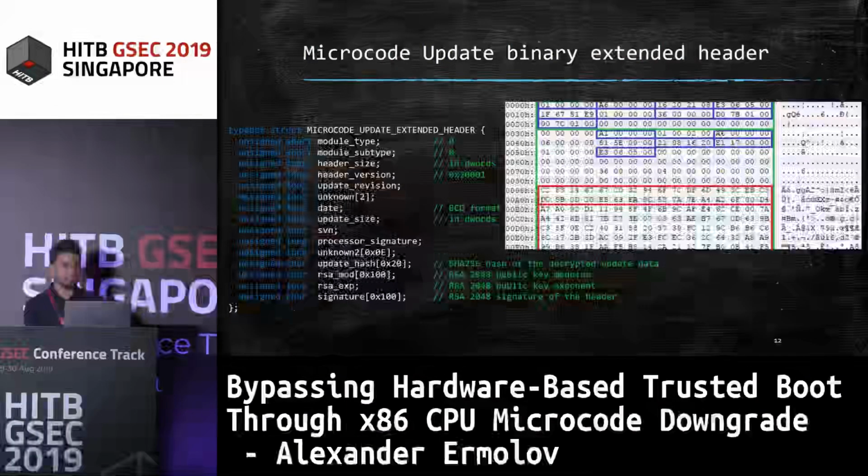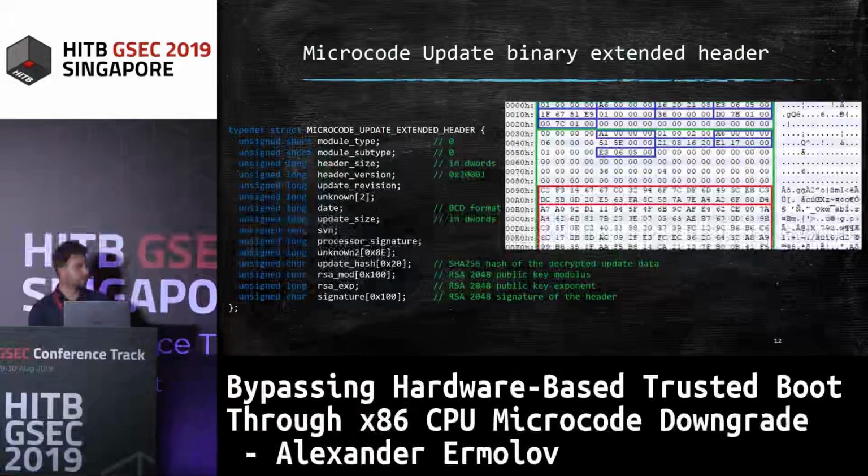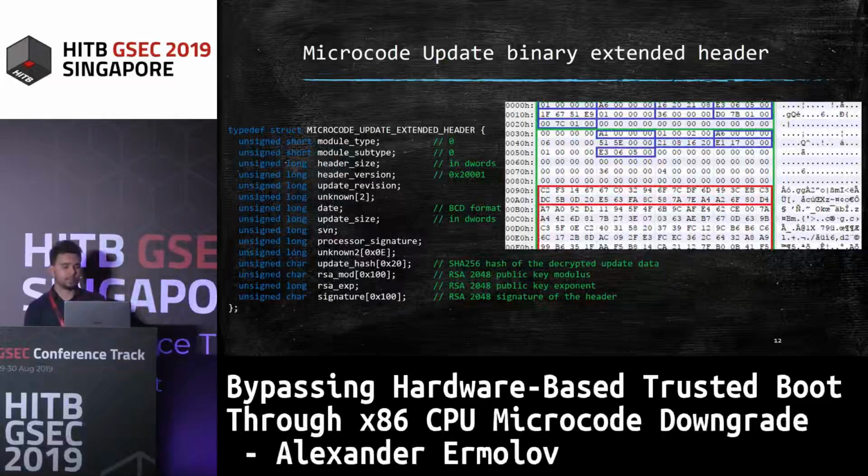The second header is the extended header, which also contains some sizes and versions fields, but the most important here is the signature. It contains an RSA public key and signature that allows the CPU to authenticate this microcode update before loading it, and that's why you cannot simply modify the update.